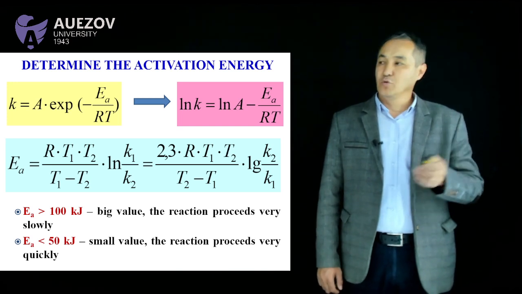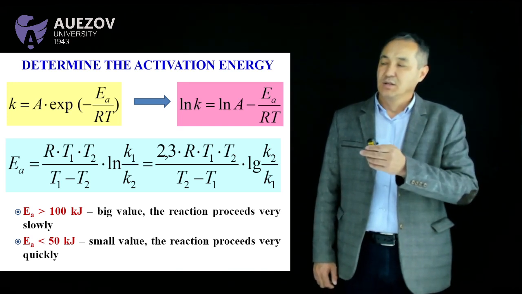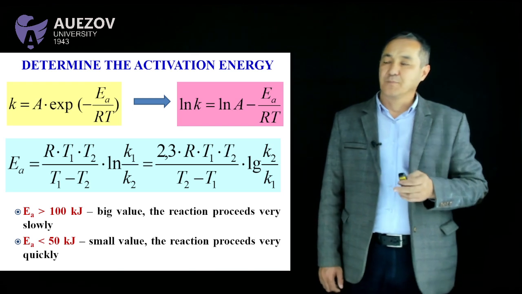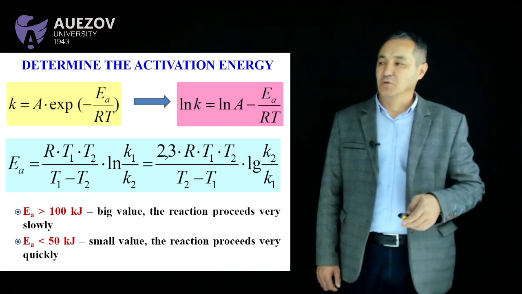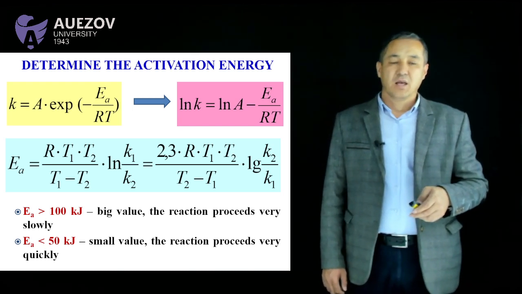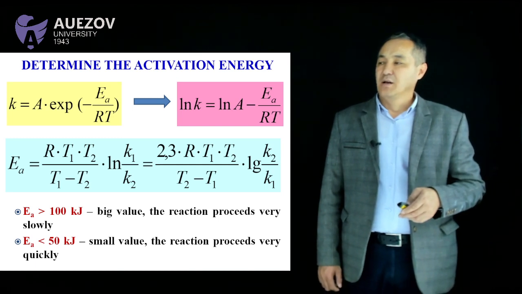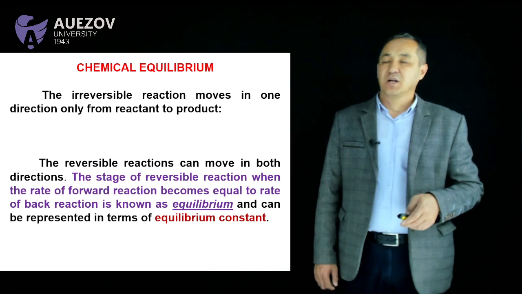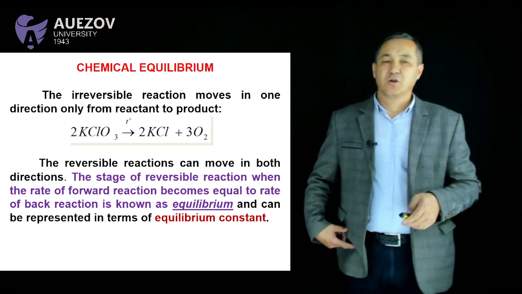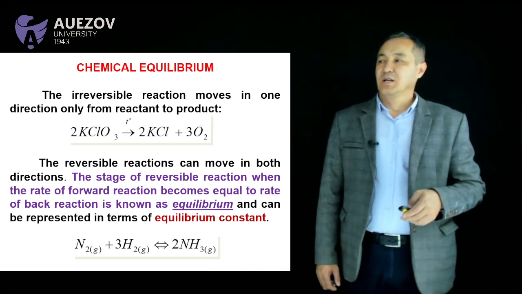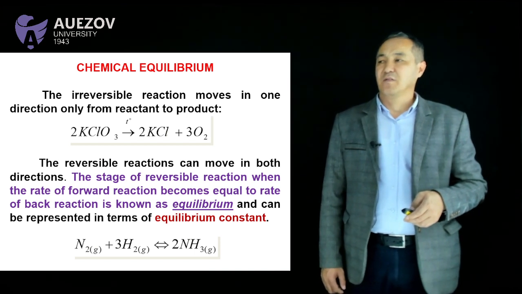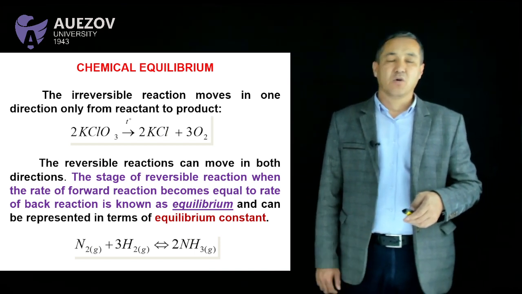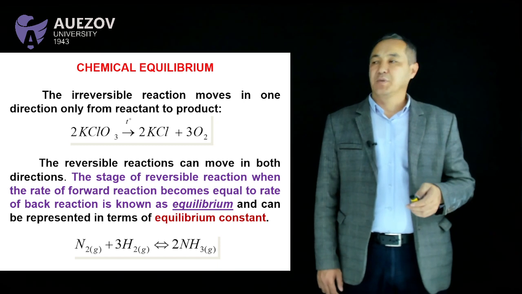we can use the following chemical formulas. Here E is activation energy. Chemical equilibrium. The irreversible reaction moves in one direction only, from reactant to product.